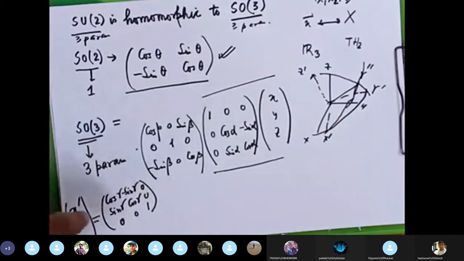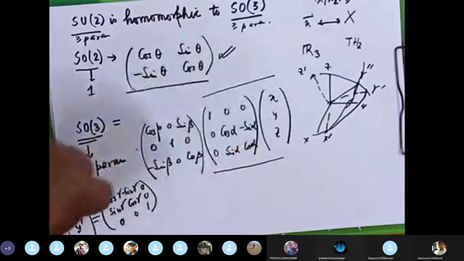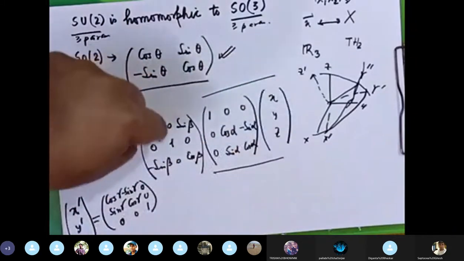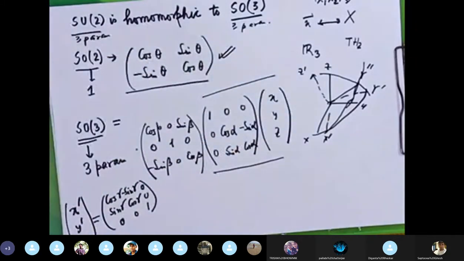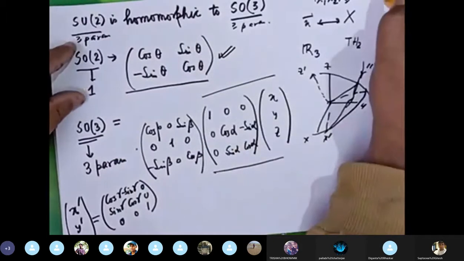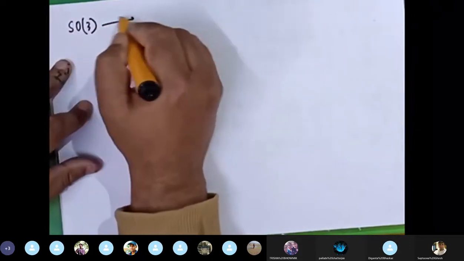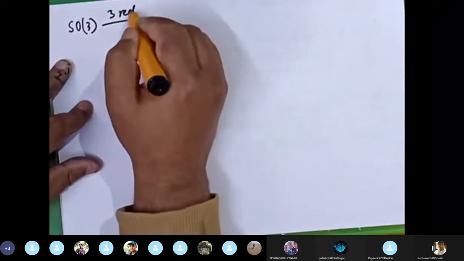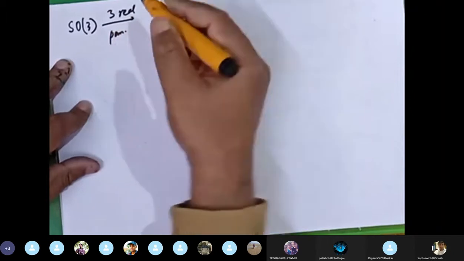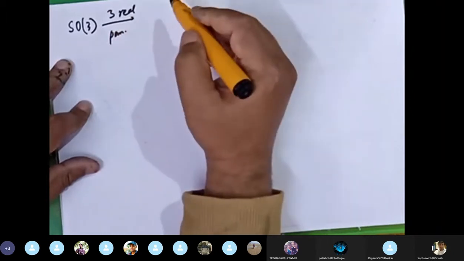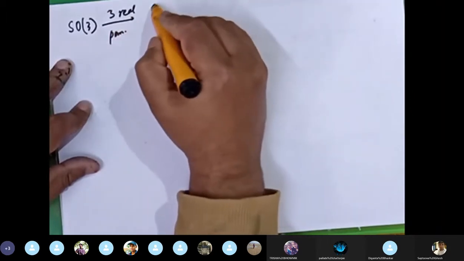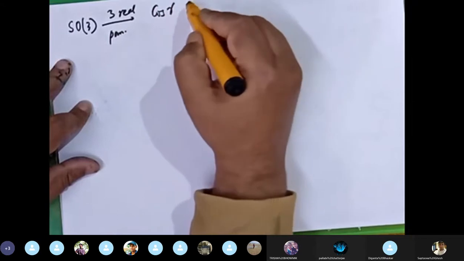But then these angles will be different, for the same two given vectors. But three different angles. Okay. So what I am saying is that this SO3 matrix, which needs three real parameters, can be parameterized in this way in terms of three matrices.